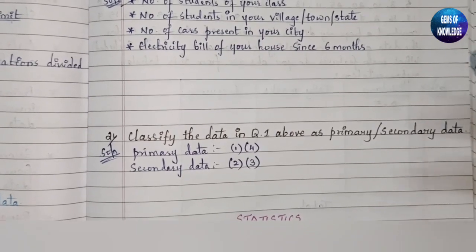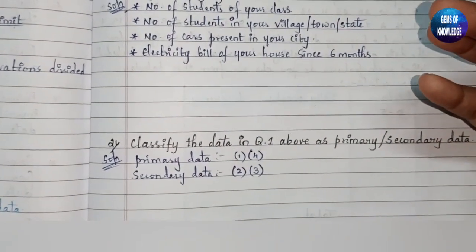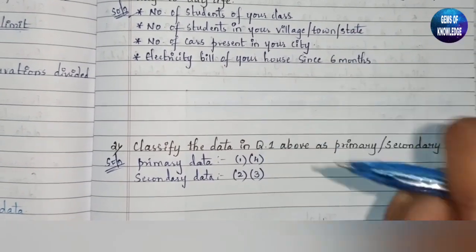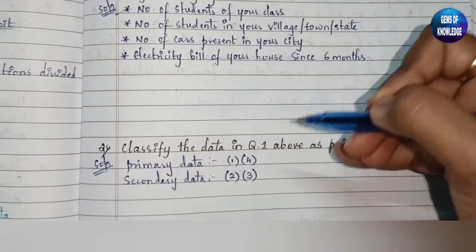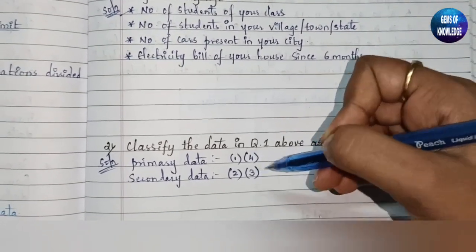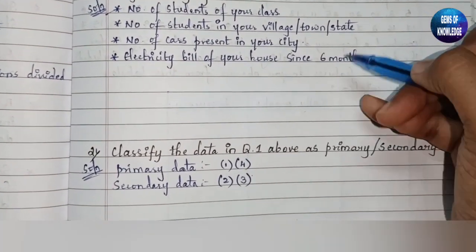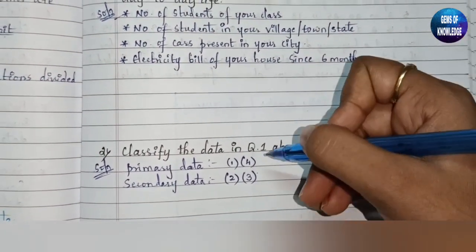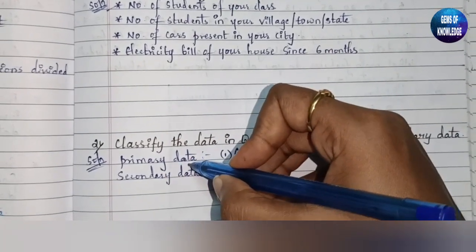If you have all the slips or the details with you, then you can easily collect it from the old records, or you may need some help from other resources. So that also comes under secondary data if the gap is more. Since 6 months, or if I add here since 2 months, you can easily collect it from your previous bills. That comes under your primary data.